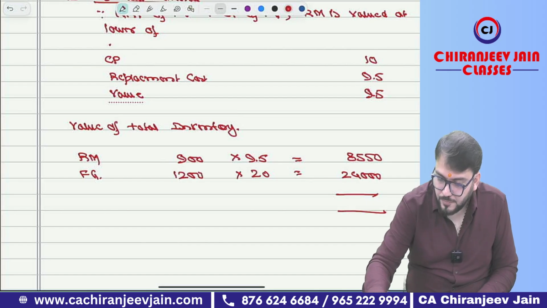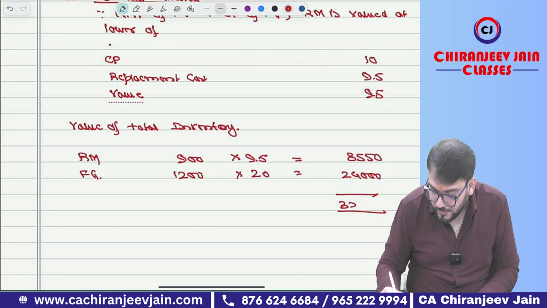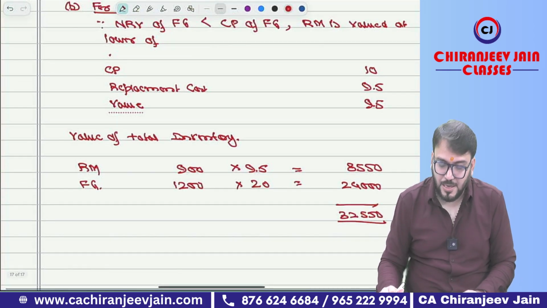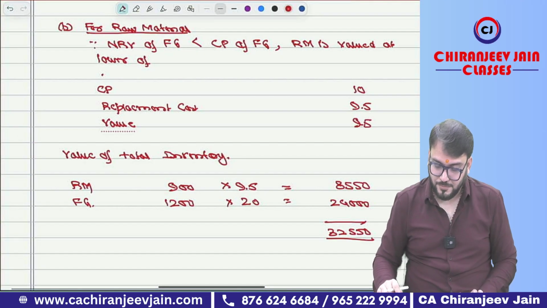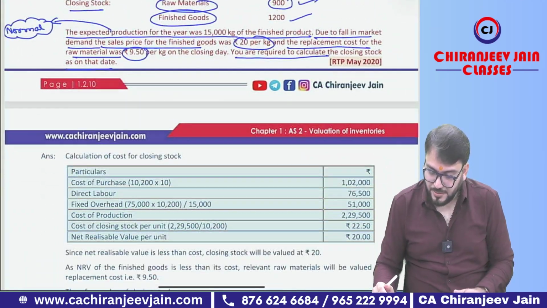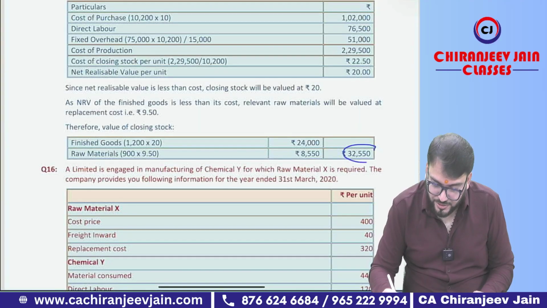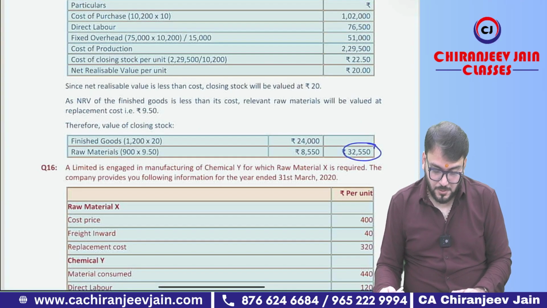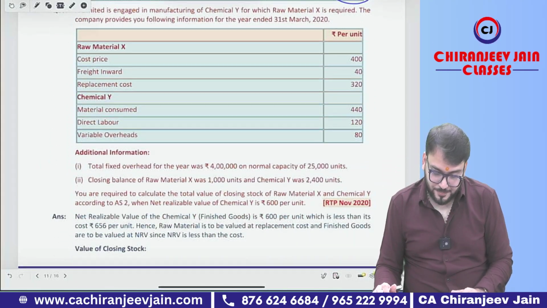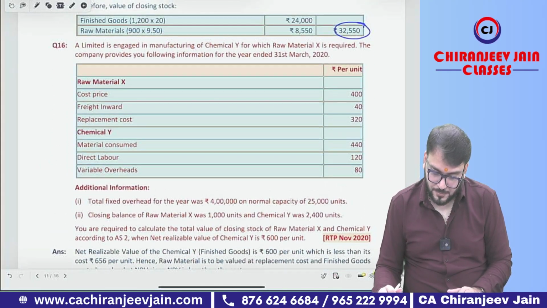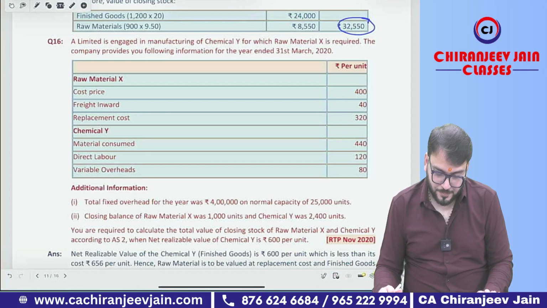Total is equal to 32,550. Understood? Easy. Same thing. You can see the same answer is given. Any doubt?